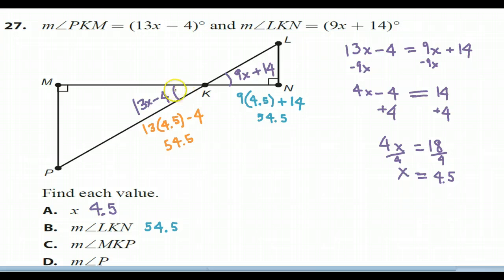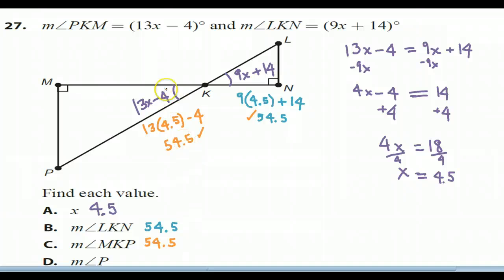Because, remember, this angle and this angle are vertical, they're equal, so since I already did this, I don't even have to plug it in here. I should just know, as long as I'm confident, it is a good way to check and make sure you actually calculated the first one correctly. So if you just want to double check yourself, please feel free. Otherwise, just remember, those are vertical, and you can save yourself some work there.